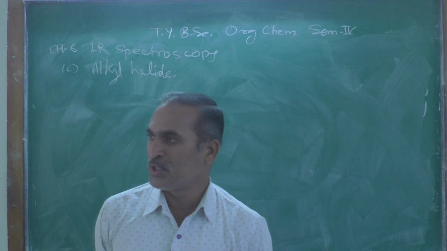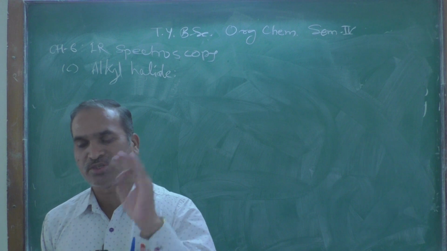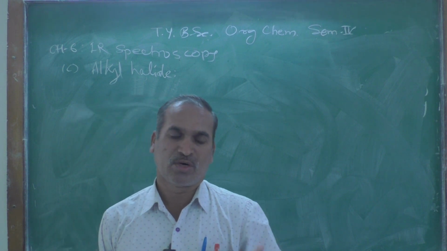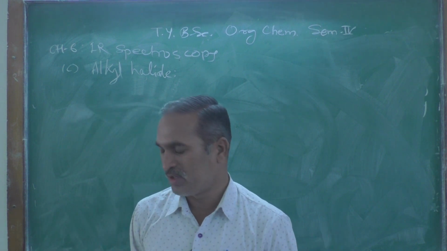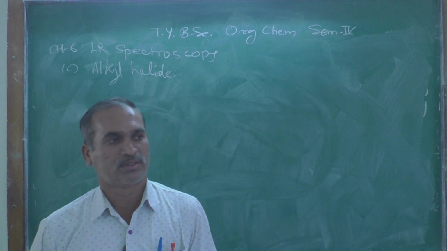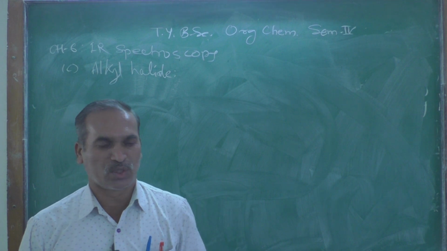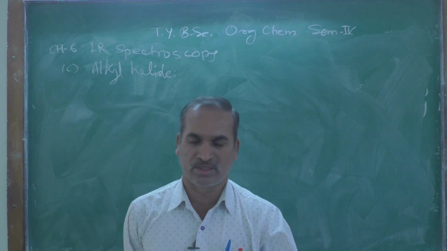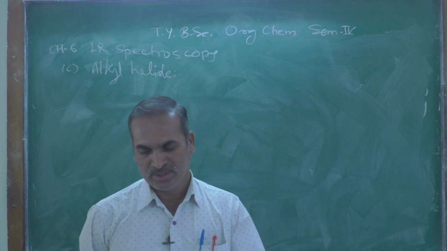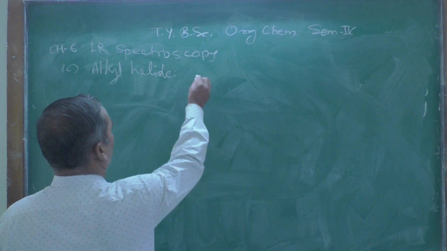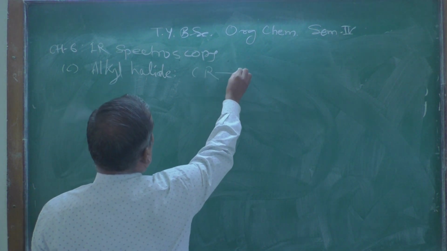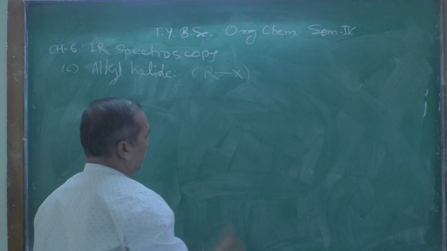Now, as we know, similar to the definition we described for alcohols and ethers, whose general formulas are ROH and ROR', alkyl halide is generally represented as RX.